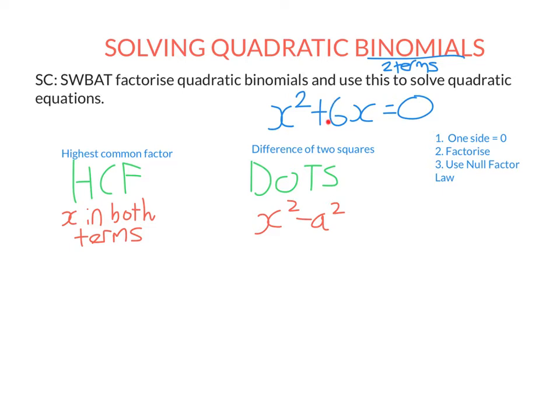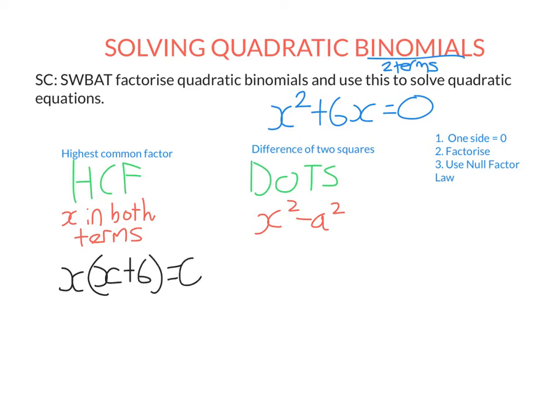So to answer this question up here, there's an x in both terms, so we're going to use highest common factor. This is how you do it. You take the highest common factor and put it outside the brackets. And then you divide each term inside the brackets by the highest common factor. So x squared divided by x, and then 6x divided by x.